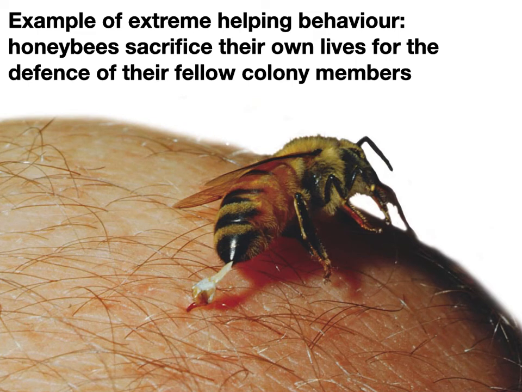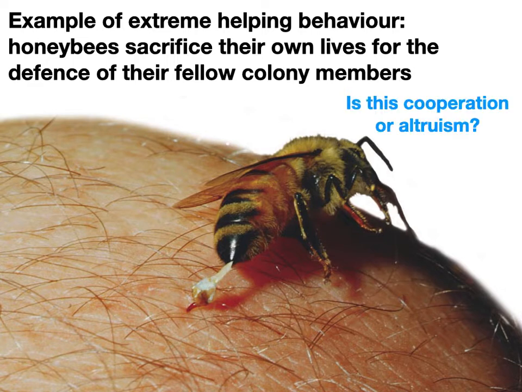Okay, so focusing on helping within a species, this is an extreme example. You probably all know if you get stung by a honeybee, it's a fatal injury to the honeybee. That's an example of extreme helping. The honeybee is sacrificing its own life for the defense of its fellow colony members.